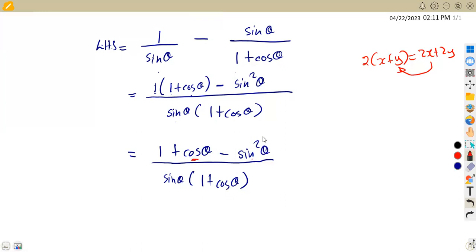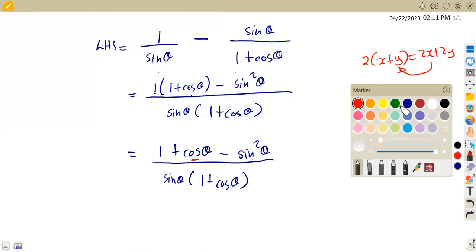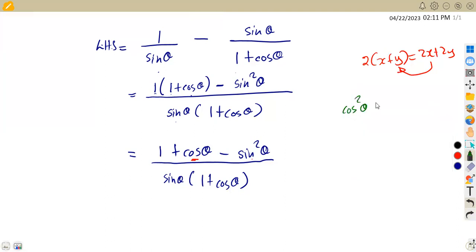We can focus on this sine squared. How can we change this into a cos? Because we have a relationship from the Pythagorean identity that states that the cos squared of theta plus the sine squared of theta gives us a 1. So in this case, we want to substitute or to remove this sine squared theta with the equivalent value for sine squared theta from this identity that we are given.